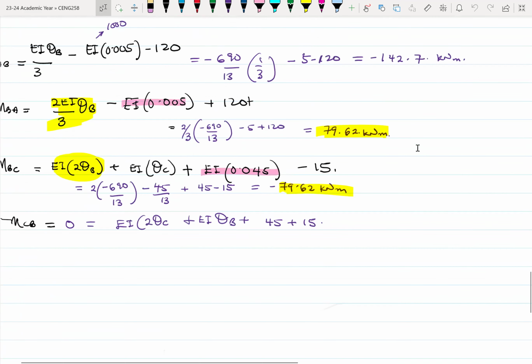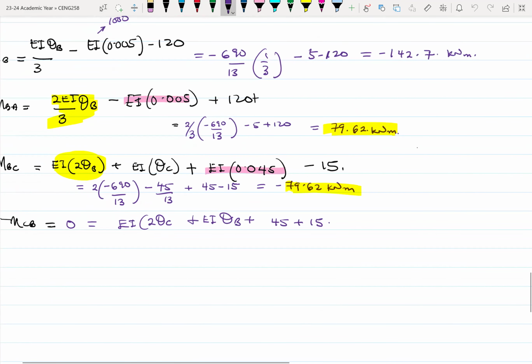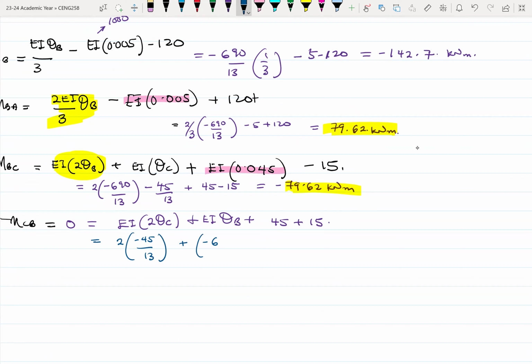So this should be equal to 2 into bracket minus 45 over 13 plus minus 690 over 13 plus 60.